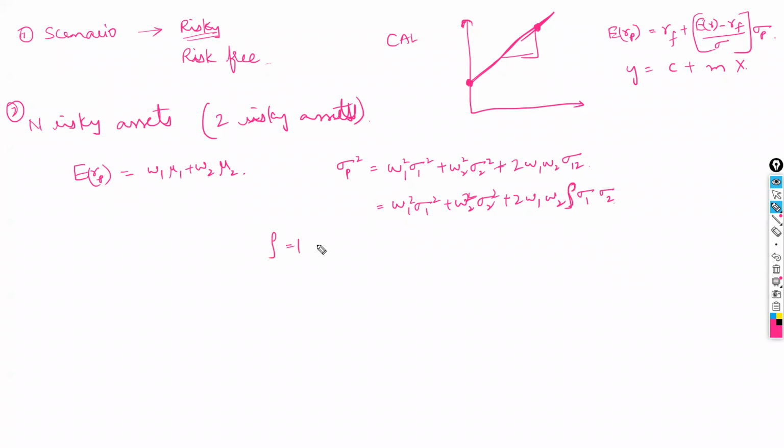When you say rho equal to 1, this formula would change as W1 square sigma 1 square plus W2 square sigma 2 square plus 2 W1 W2 sigma 1 sigma 2, since rho is equal to 1. Rho equal to 1 means correlation between the two risky assets is 100%. They are very, very closely correlated.